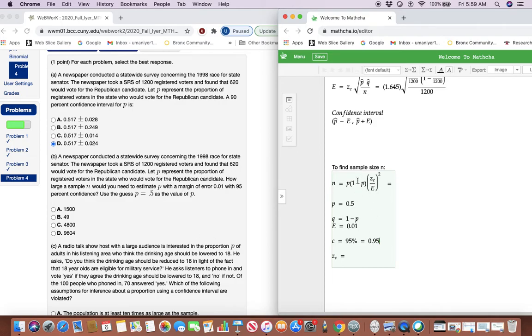The formula here is this, if you have a preliminary P, the probability of success. I'm going to use this formula now. We need our calculator.